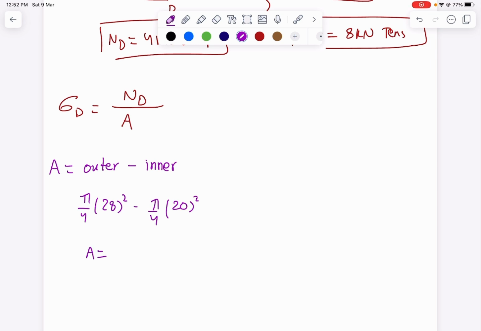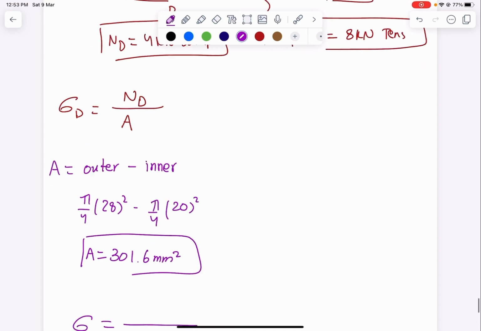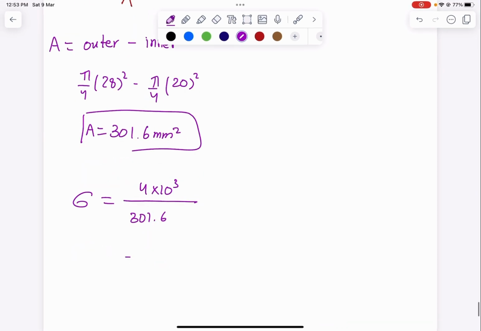We get the area as 301.6 millimeter square. So the normal is gonna be 4 kilonewtons over 301.6, which is 13.26 megapascal.